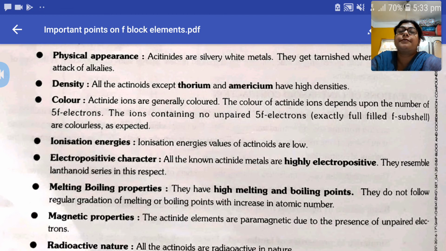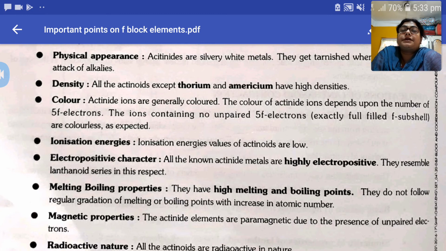Then melting and boiling points: they have high melting and boiling points. They do not follow a regular gradation of melting and boiling points with increase in atomic number. So here they will have high melting and boiling points, but there is no gradual increase with the increase in atomic number.